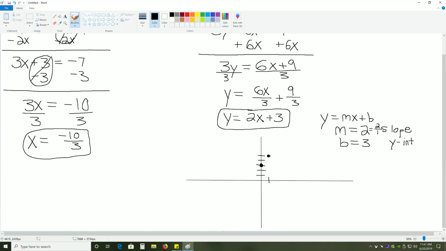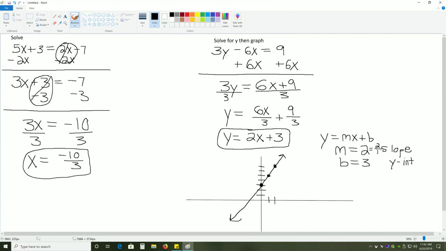And if we go from here up 2 and to the right 1 again, we will get another point on our graph, which gives us a graph that looks like this when we connect the dots. And every point on this line represents a solution to this original problem that we started with of 3y minus 6x equals 9.